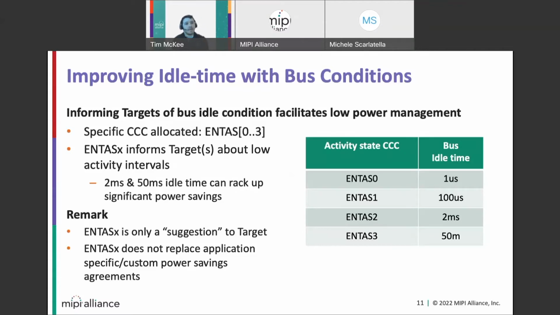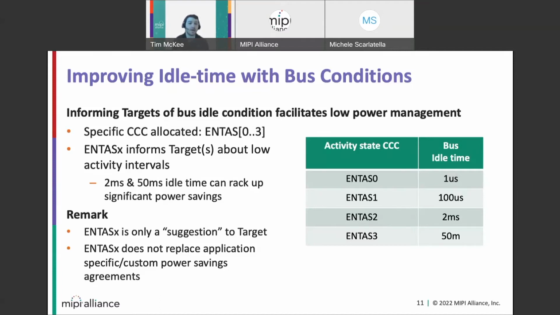Another big part of it, like I spoke about earlier, was improving idle time, making sure when we don't need to be using the bus that we're not, and that we're keeping the power low. I3C has a CCC, a command code, that is implemented to enter into these activity states.